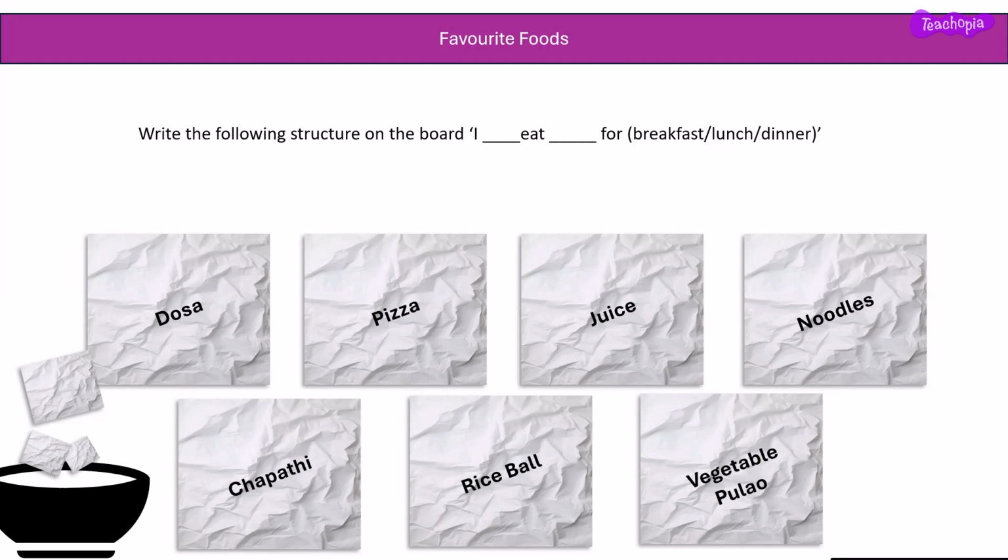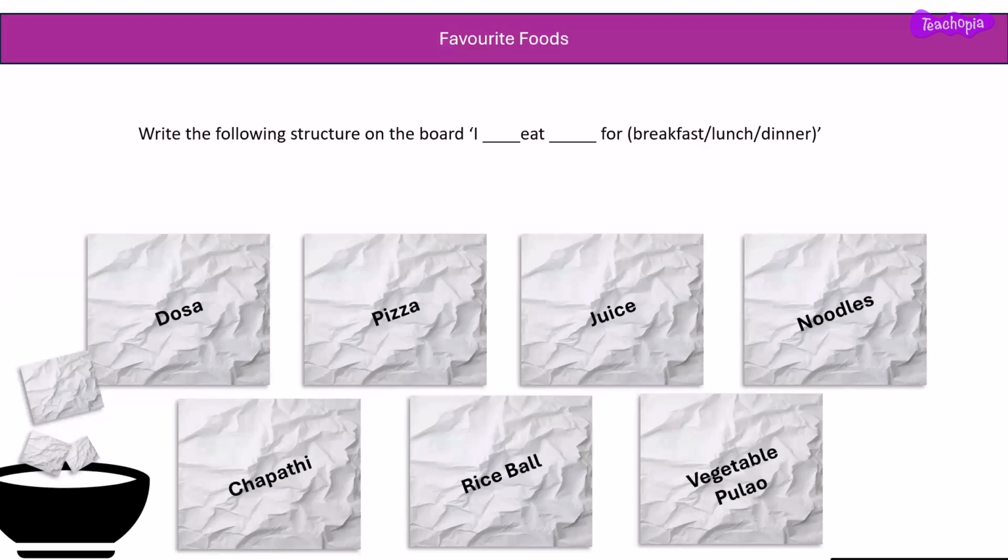Now the food item they have selected is pizza, and on one corner of the blackboard they have an adverbs of frequency list. For example, we have often, rarely, regularly, all these things. So the child should select one of the adverbs of frequency and fill it in. So for example, I rarely eat pizza for breakfast, lunch, dinner.